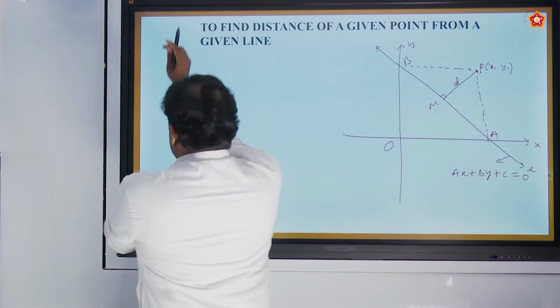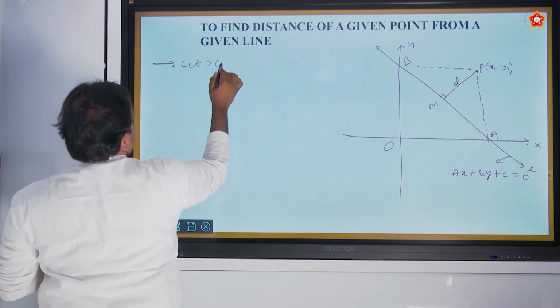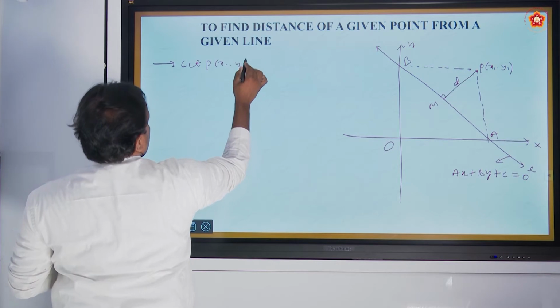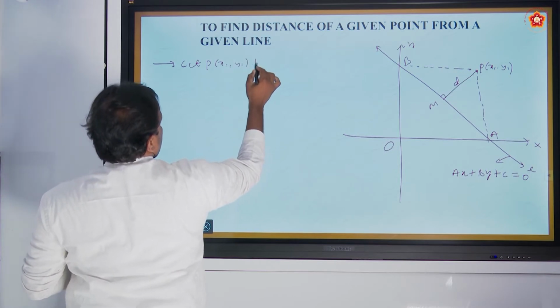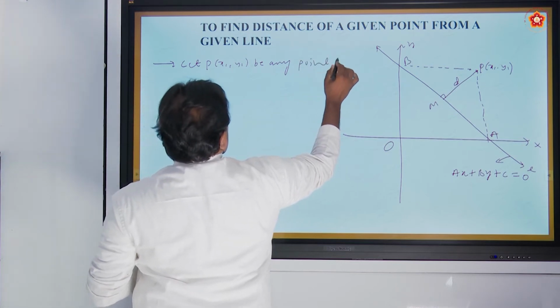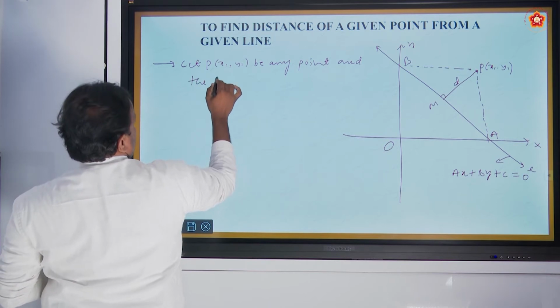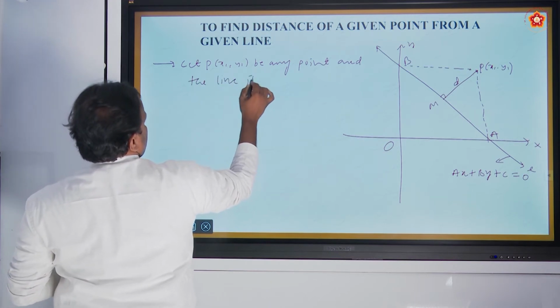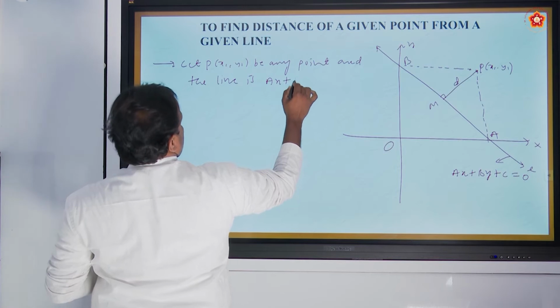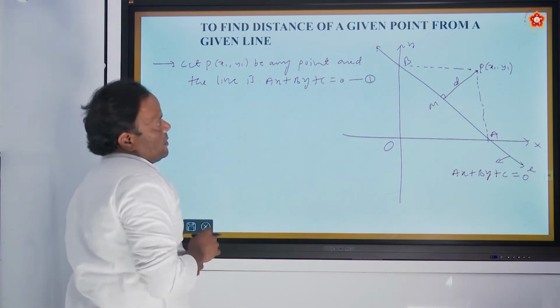Let P(x1, y1) be any point and the line is ax plus by plus c equal to 0. I call this equation number 1.